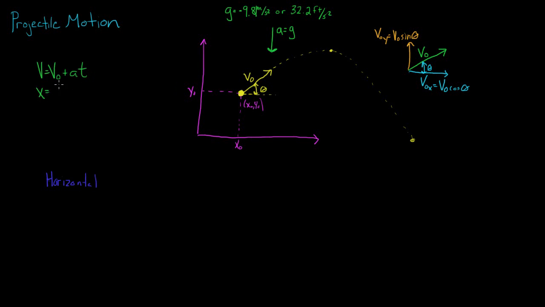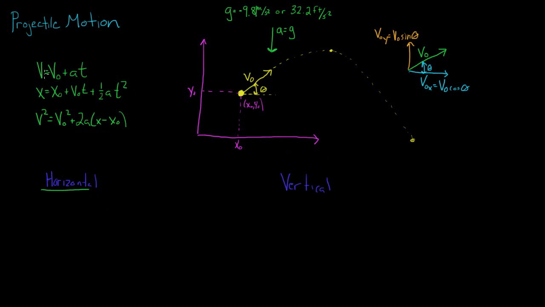A final position is equal to an initial position plus an initial velocity times time plus 1/2 times the acceleration times time squared. And a final velocity squared is equal to an initial velocity squared plus 2 times the acceleration times a final x position minus an initial x position. We're going to use these equations twice, once for the horizontal components and once for the vertical components, and we will have our equations we can analyze projectile motion with.